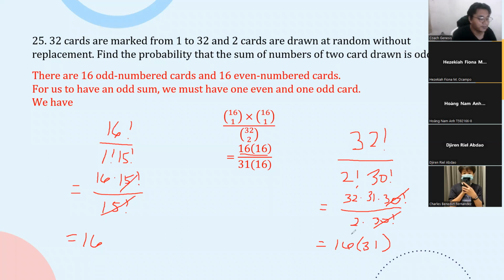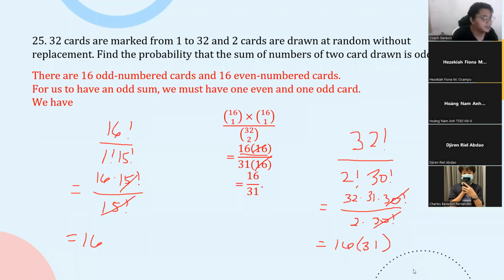Now, it's okay not to simplify that first, because as you can see, we can divide out 16 from the numerator and denominator. Okay, so that means that you will have 16 out of 31. So 16 over 31 is the probability. So it says here you can choose any card as your first card, and there are 16 out of the 31.